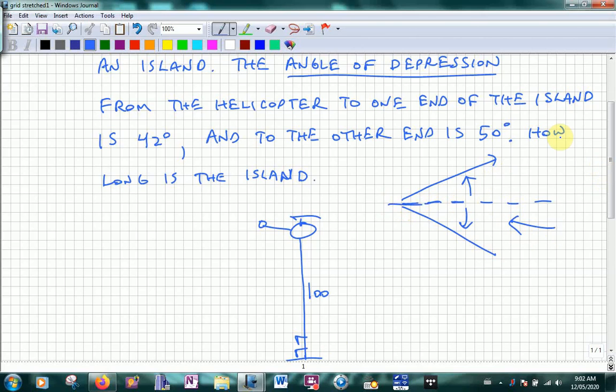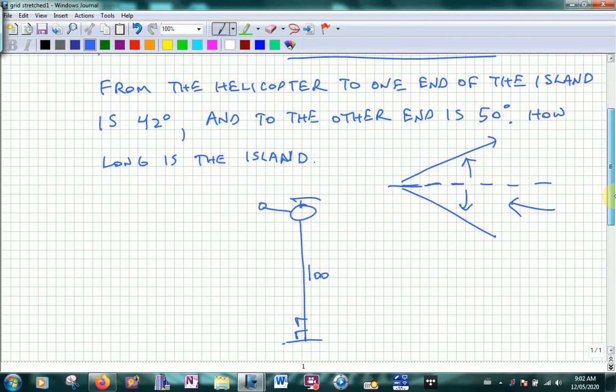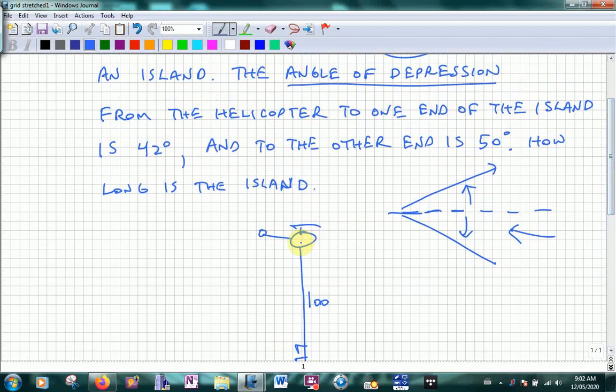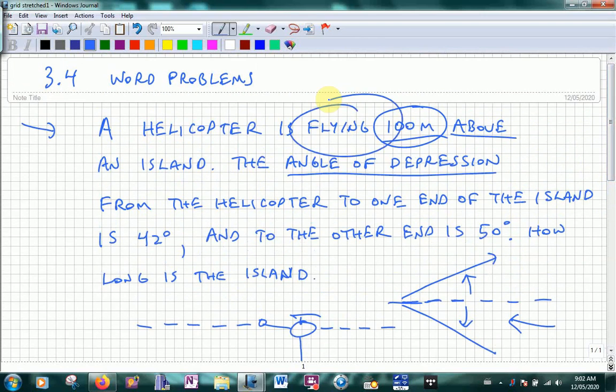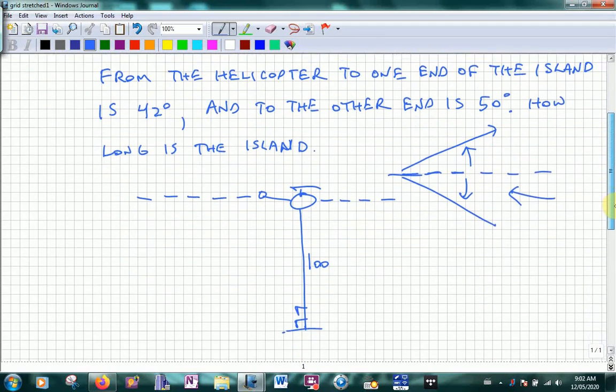So the angle of depression from the helicopter to one end of the island doesn't say if it's out the front or the back of the helicopter. Let's go front. Again, most times when we're flying in the air, once we get there, planes and helicopters, they travel horizontally, don't they? All right? Until they land. So if it's flying, then we're going to assume that it's going horizontally.